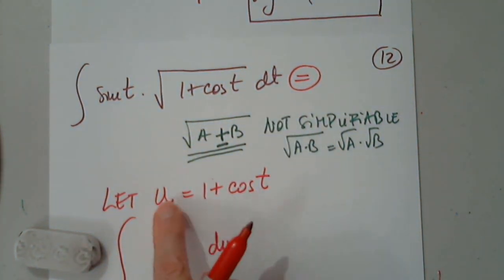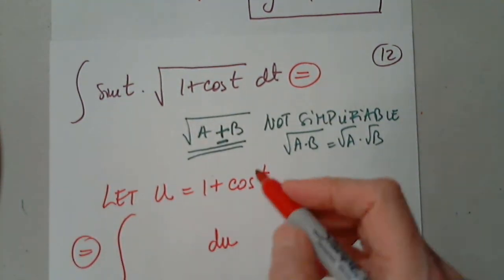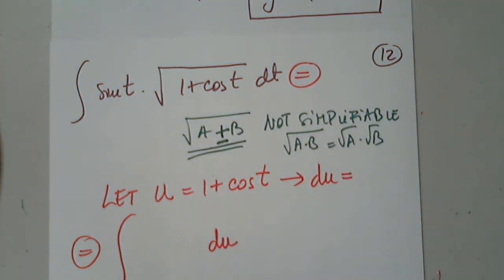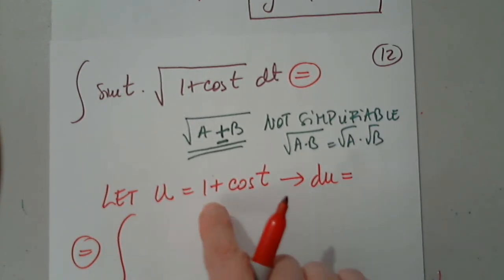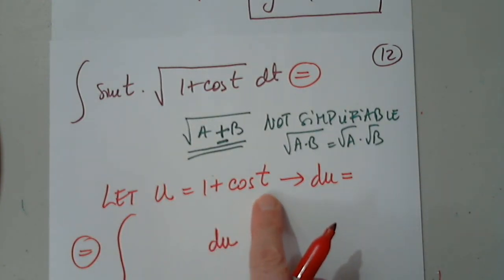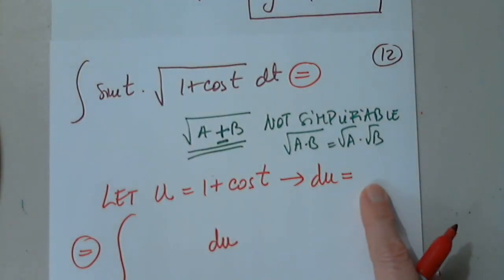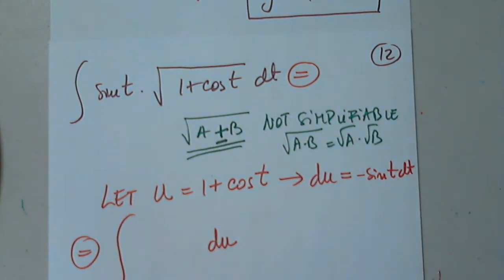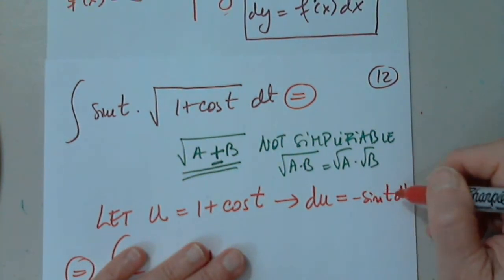If the function has u in it, the integral has to have du. So that's why from here, I need to find the differential of this function. Can anyone tell us what is the differential of u, u being the function 1 plus cosine t? Negative sine t dt. Awesome.